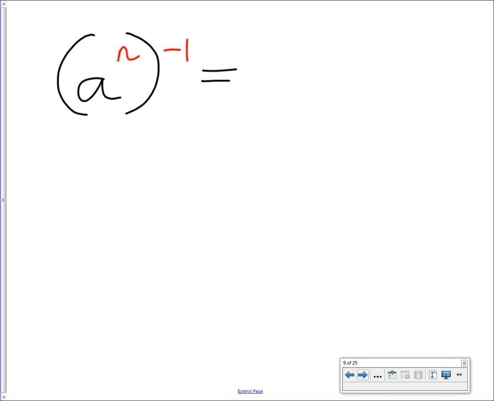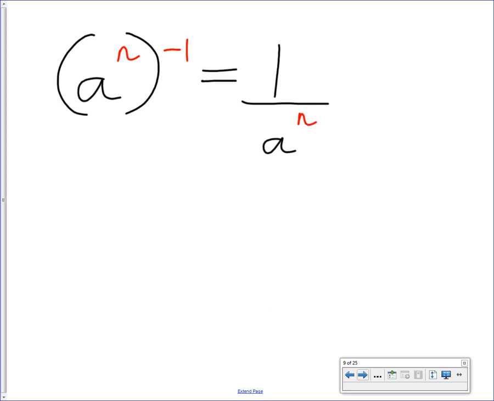So this idea can be extended to more general negative powers. So if we had a to the power of n all to the power of -1, then this is equal to 1 over a to the n.